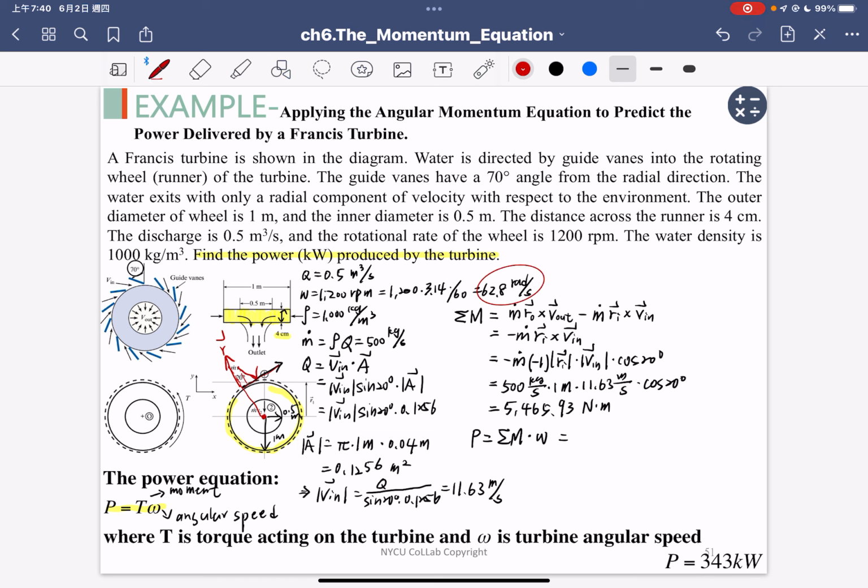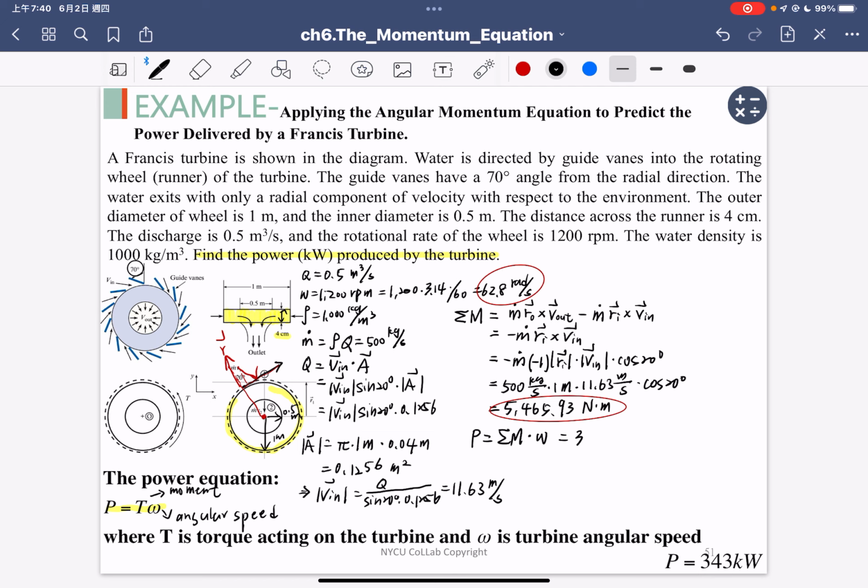So we have the power here. So we multiply two values together. So I directly use the calculator to check the answer. So I write down the final answer calculated from the calculator.